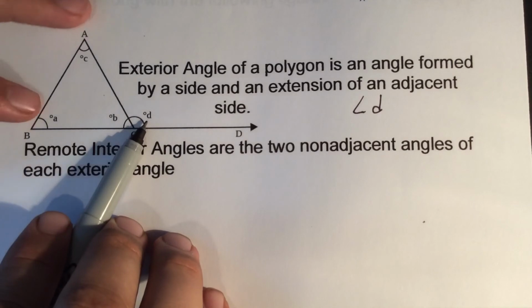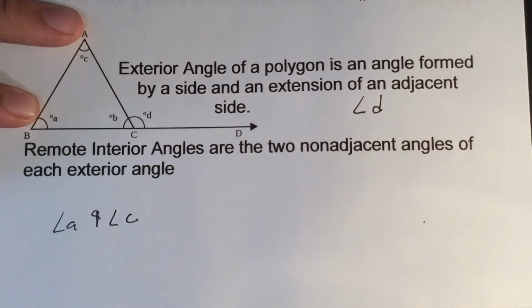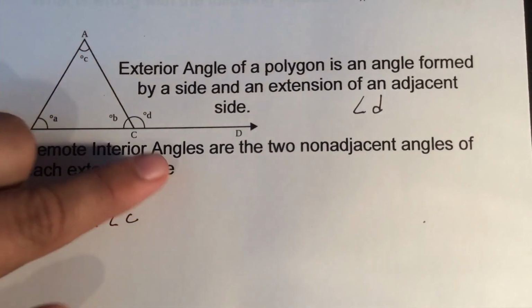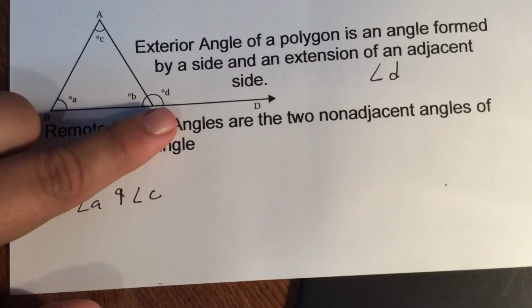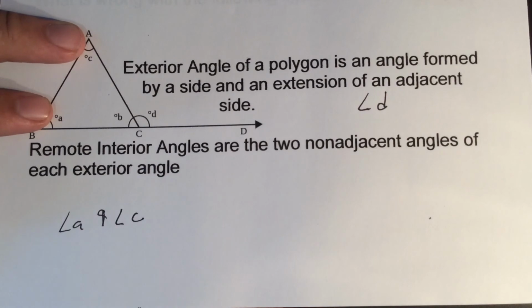So if D's our exterior angle, that would make angle A and angle C the remote interior angles. So just think remote interior angles are the two that are away from the exterior angle.